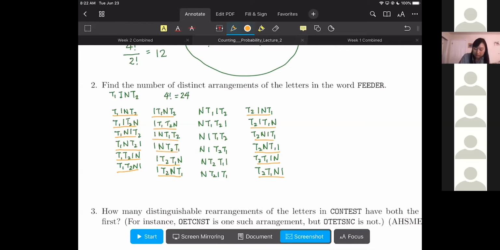And then lastly, for N, T, I, T, we have it here and here. N, T, T, I, we have it here and here. And N, I, T, T, we have it here and here. So if we list out everything, we see there are actually only 12 distinct arrangements. I underlined all of them at this point, and we can see that these are all distinct.